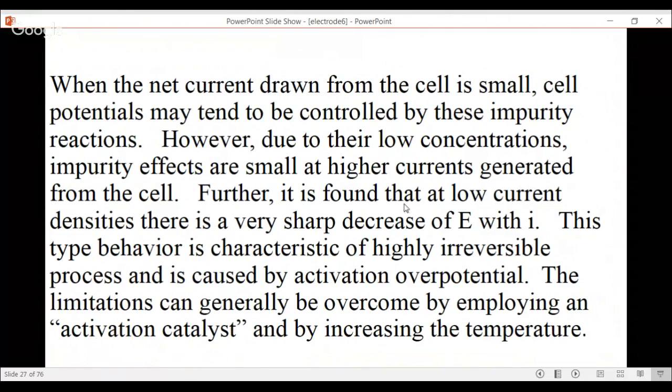Further, it is found that at low current densities, there is a very sharp decrease in E with I. That is what we showed in the figure. This type of behavior is characteristic of highly irreversible processes and is caused by activation over potential. The limitations can generally be overcome by employing an activation catalyst or by increasing the temperature. It is already known to us.